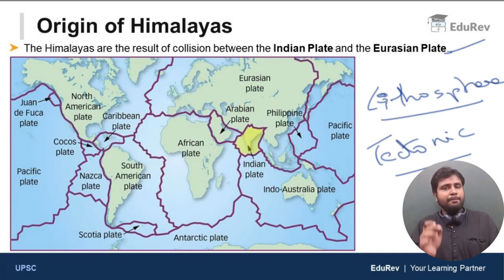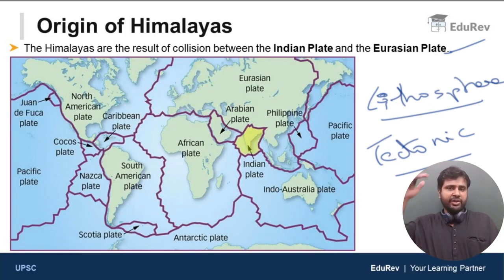We also have minor, or smaller, tectonic plates: the Philippines plate, Indian plate, Arabian plate, Caribbean plate, Cocos plate, Nazca plate, and Scotia plate. You also have the Antarctic plate here, which is a major tectonic plate.